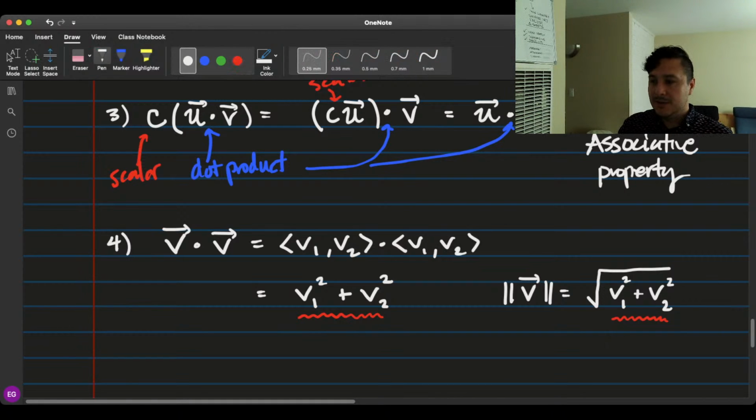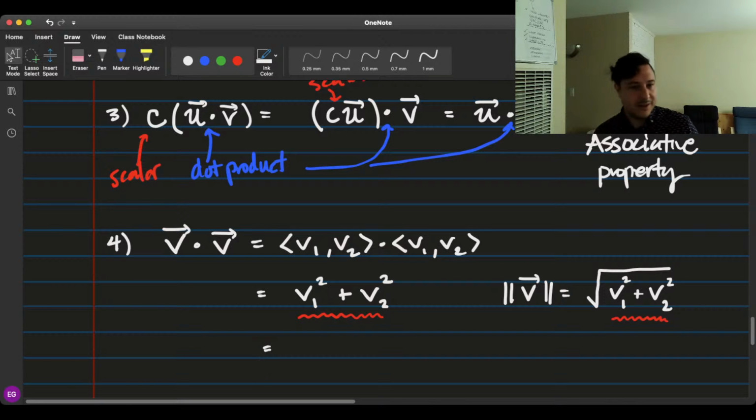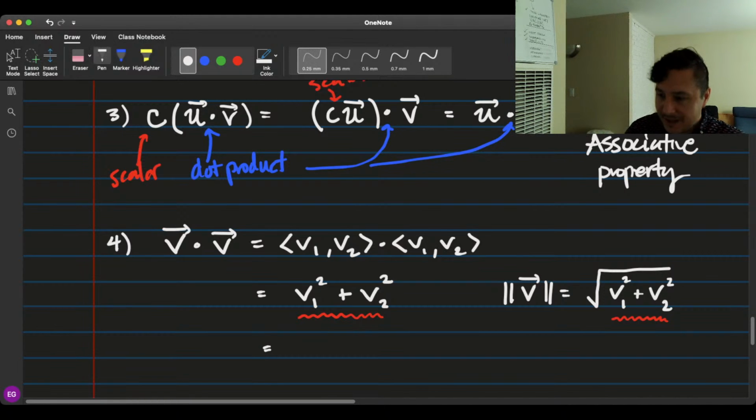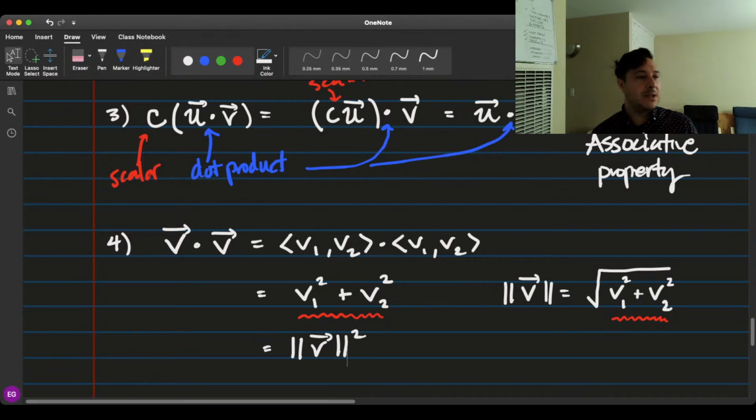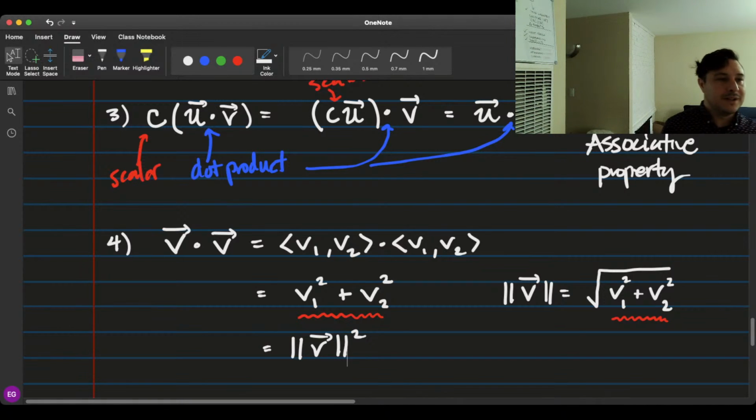So what is this equal to? What's the only difference between the two things that I've highlighted in red? Magnitude squared. Yeah. If you take a vector and dot it with itself, you get its magnitude squared, which is really cool.